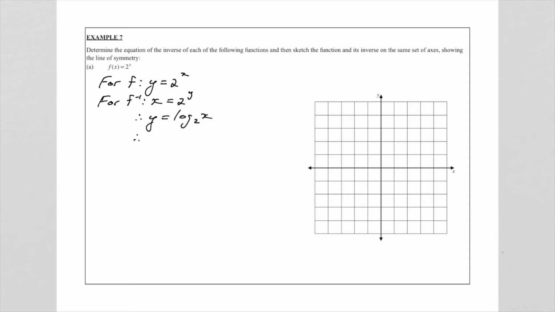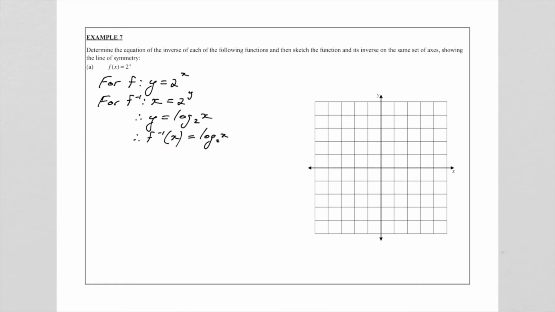And that means we can also write it in f(x) notation, and we can say that the inverse of f is the log of x with a base of 2. So there we have the equation now of the exponential function as well as the inverse, which is the logarithmic function.